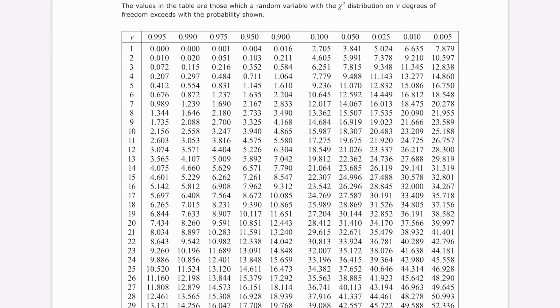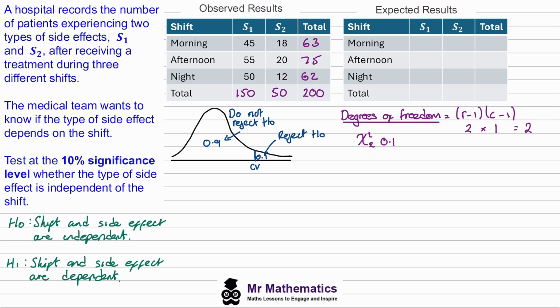So to find our critical value, we go across from 2 degrees of freedom to our probability of 0.1, and you can see we've got a critical value of 4.605. If we go back to our notes, we'll say the critical value is 4.605, and I'll label this on the diagram.